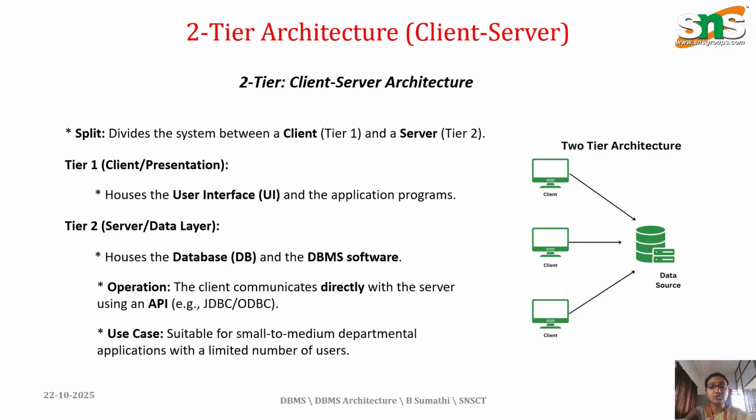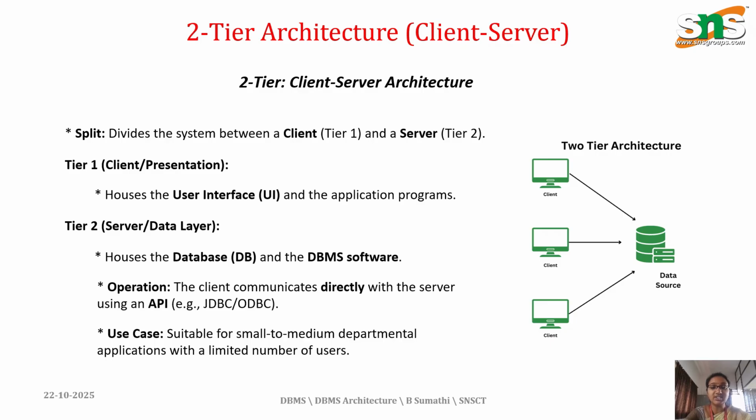And next is your two-tier architecture. The two-tier is nothing but a client and server mechanism. The main definition is that the system is divided between the client, which is tier one, and the server, which is tier two. The client, that is the presentation layer, houses the user interface and the application programs.